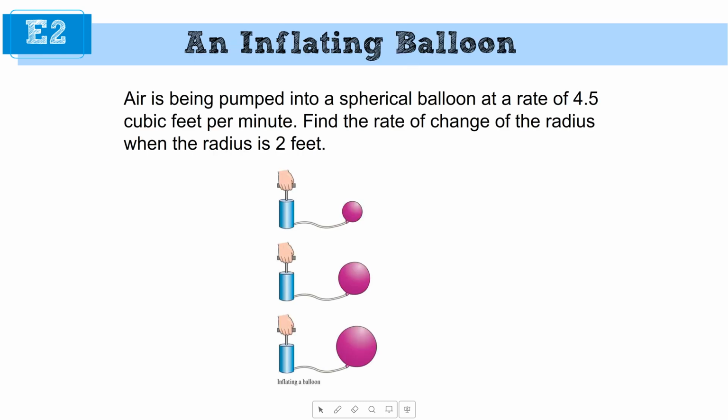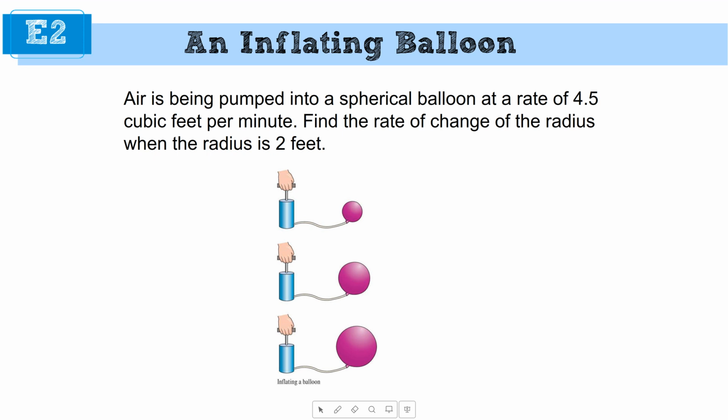Okay, so let's go back to this. What do I know? What's the 4.5 represent? The rate. The rate of what? The rate of the volume or the rate of the radius? Volume. Volume, right. Also known as dV/dt. So we know dV/dt is 4.5.